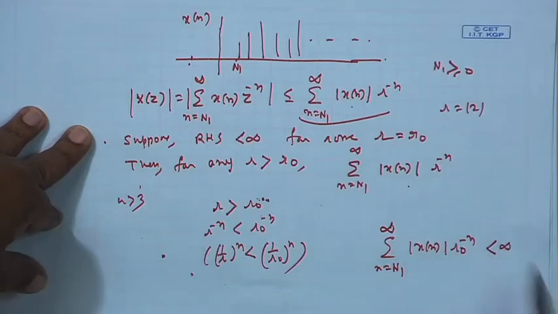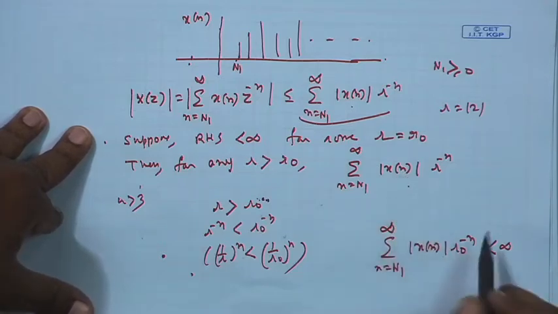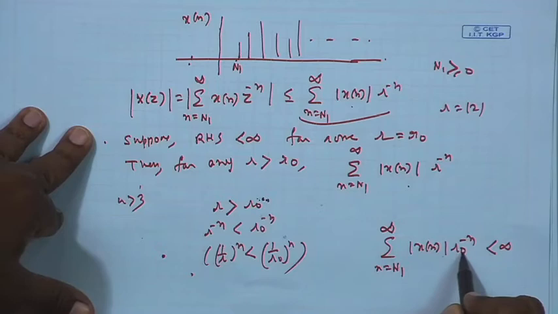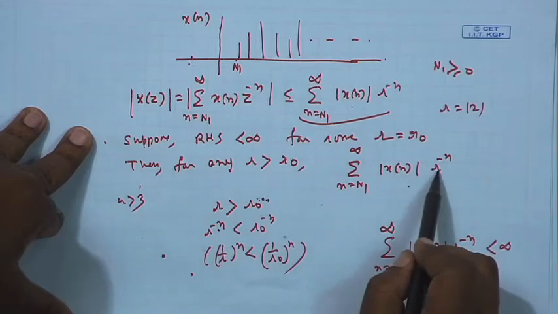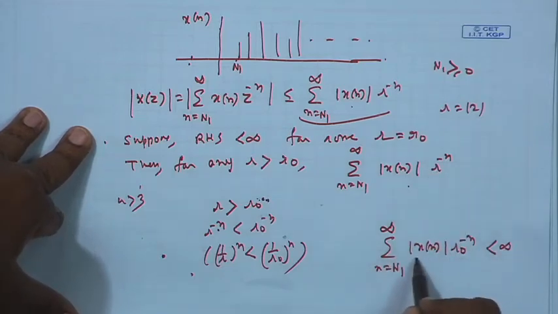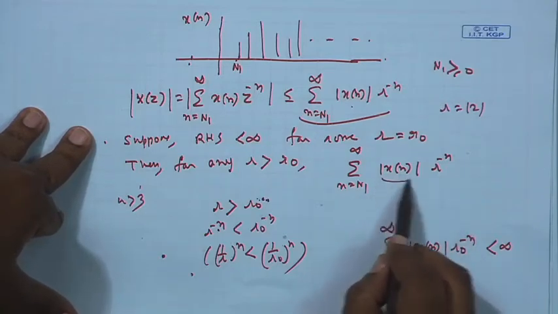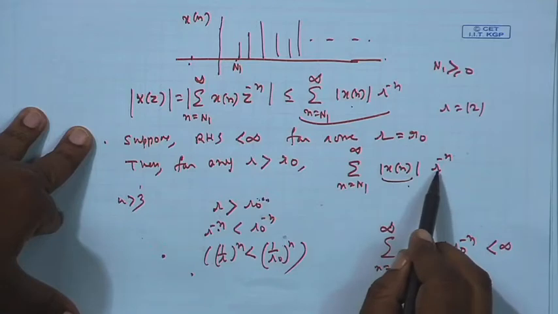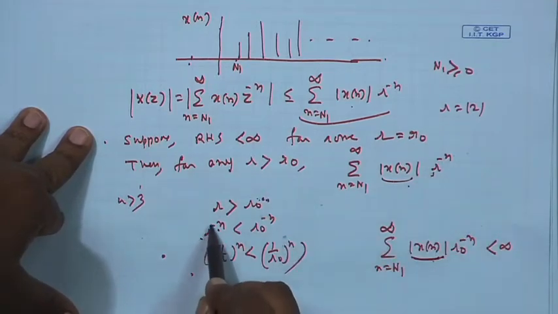This is what I have assumed that exists. Now, in this summation consider any sample nth, mod x[n] present here, but that time I was multiplying by r 0 to the power minus n, and I am now multiplying by a smaller number r to the power minus n.